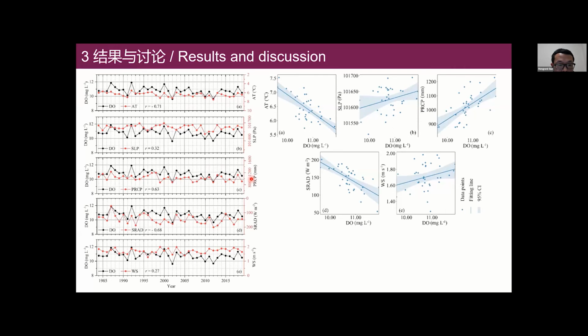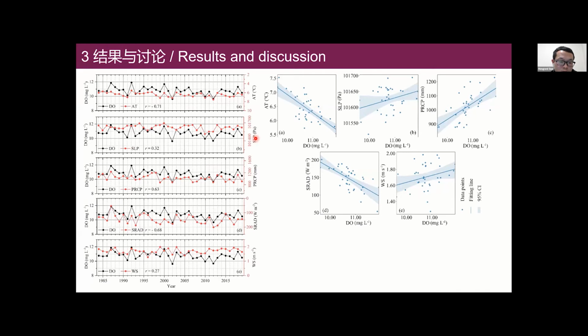Although sea level pressure and the wind speed were inferred to affect the total amount of oxygen entering water and water solubility of oxygen, the correlations between the wind speed and the sea level pressure and annual mean DO of Lake Huron were low.